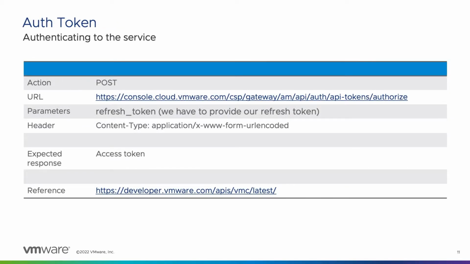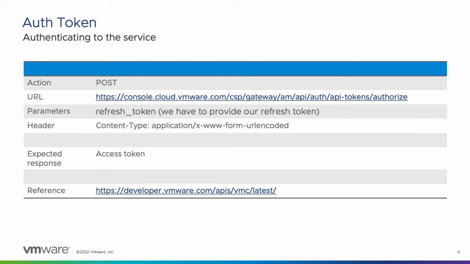Now, what Chris and I have done throughout this is you'll find in the slides a reference slide that contains a table that refers specifically to some things you're going to need. For example, in this first example, we'll be retrieving an access token from the cloud service. The table shows you a few things you're going to need, right? You're going to need to know what action to call.